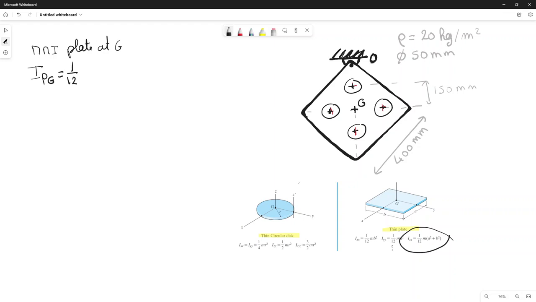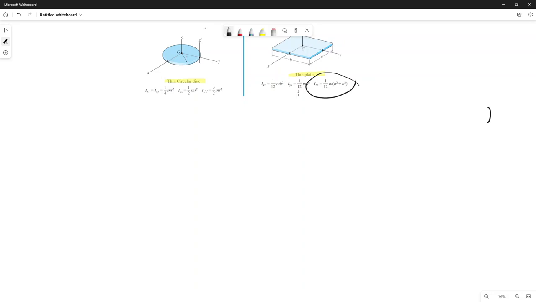So the mass of the plate, we will find it after, times the 2 dimensions, that is the 400 millimeters, so that's 0.4 squared plus 0.4 squared. Let's get the mass of the plate. So we have the density, so the mass of the plate will be 20 kilograms times the area, that is 0.4 times 0.4.